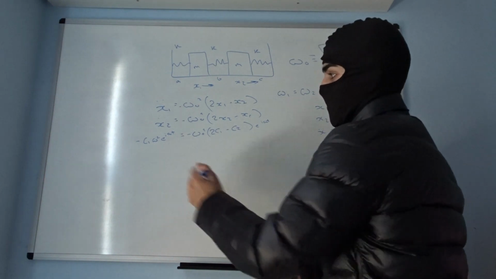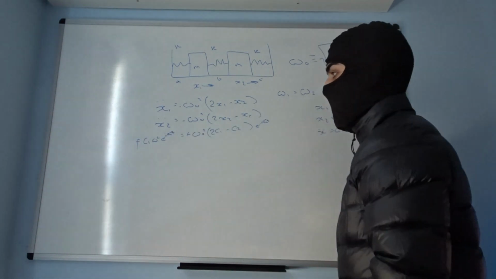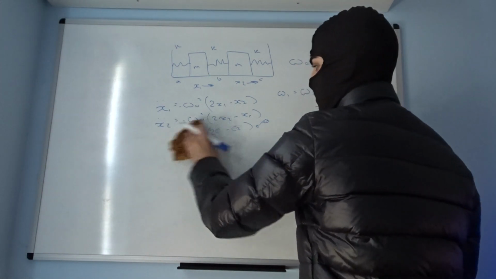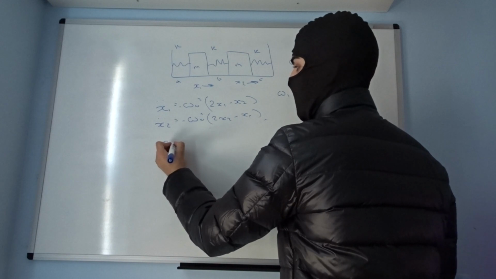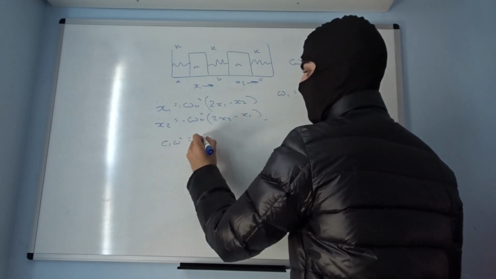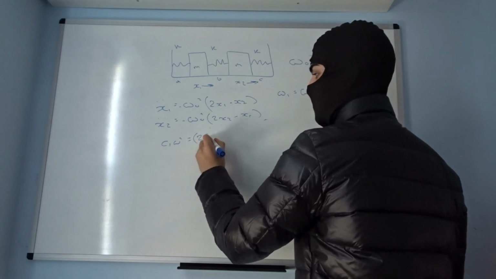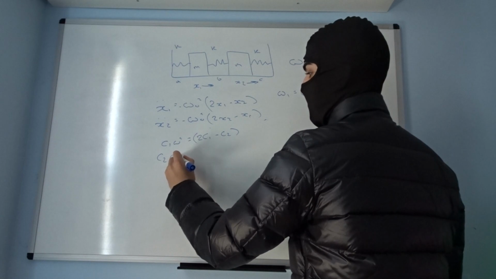We cancel the minus signs, cancel out the e's. And we're going to get nice equations. We're going to get C1 omega squared equals omega naught squared (2C1 minus C2).